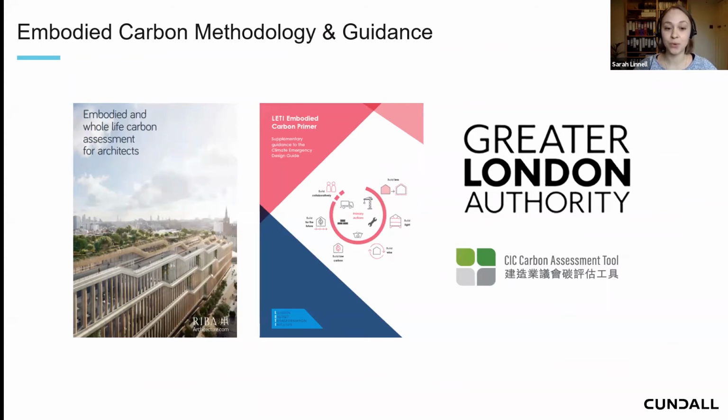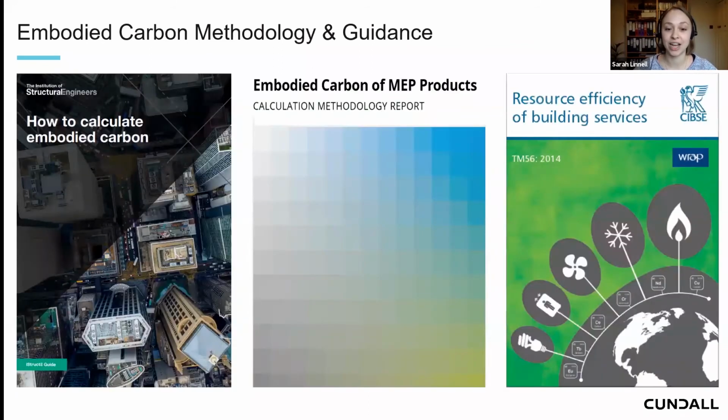And then more recently, the GLA have brought out the whole life cycle carbon assessments guidance for planning stage, and Cundall helped determine this. Around the same time, Cundall were developing an online calculation platform for the Construction Industry Council in Hong Kong. And as I mentioned earlier, Qian's going to speak on those in more detail.